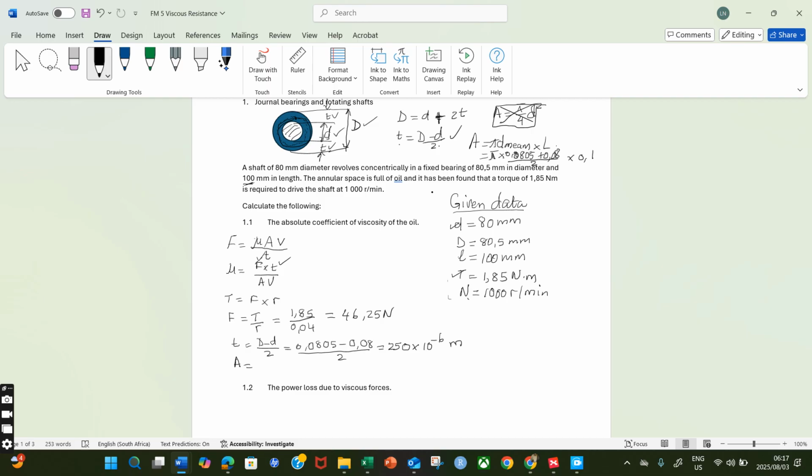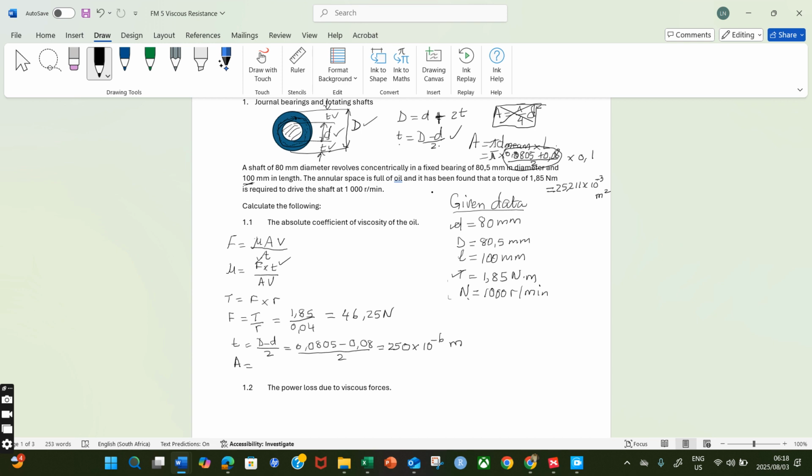So this here represents the mean diameter. So when we calculate, we'll find, sorry, my space is not enough. So we'll find the area to be 25.211 times 10 to the power -3 square meters. This is our area.